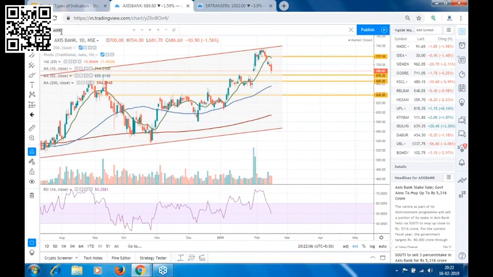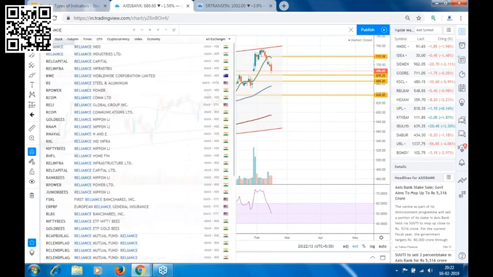Now another stock that we will look at is Reliance.